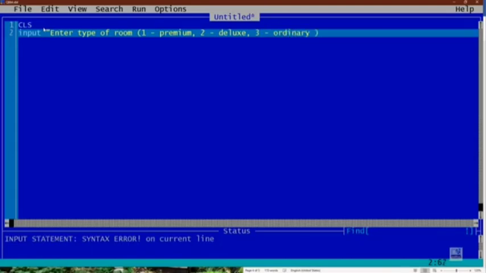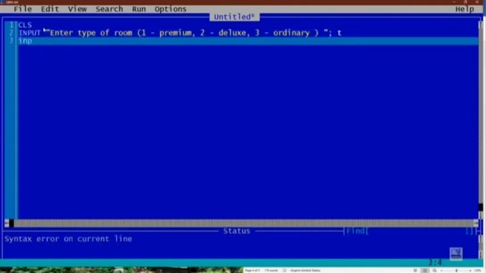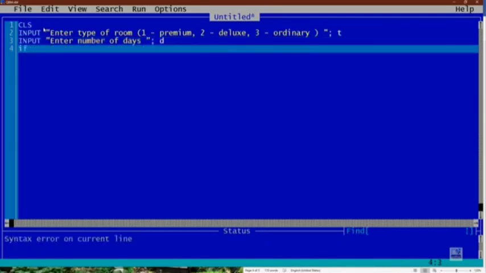Okay. Take input in T means type of room. Then write input, enter number of days. D you take for days. Then you need to check if T means type of room is equal to 1.